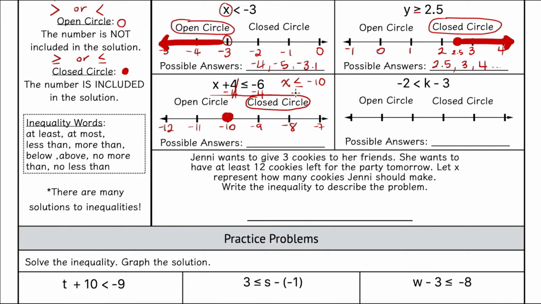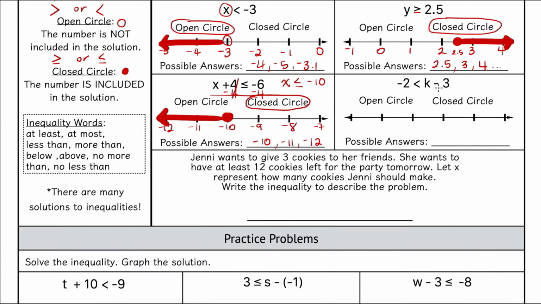One of the possible answers is negative 10, but it can also be negative 11, because that's smaller than negative 10, negative 12, negative 13, and so forth. So my graph would have to go to the left. Possible answers: negative 10, negative 11, and negative 12.